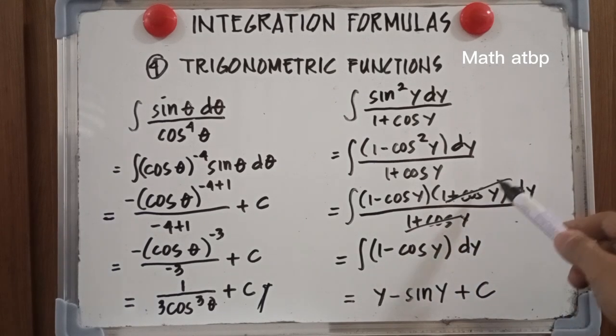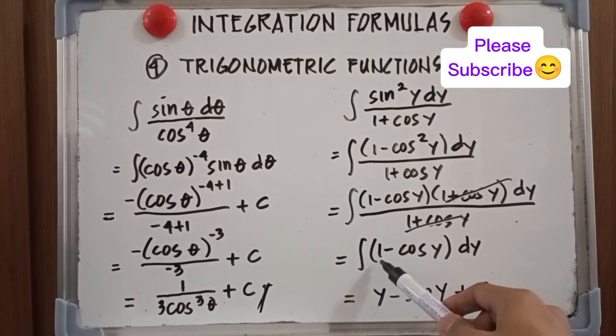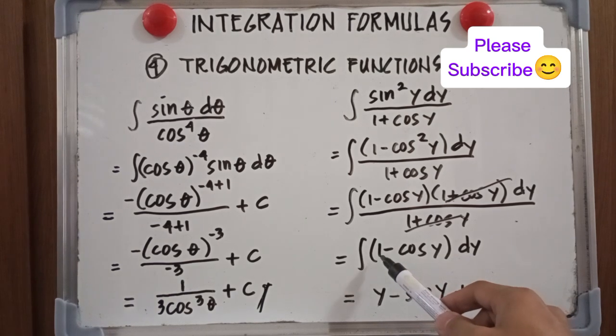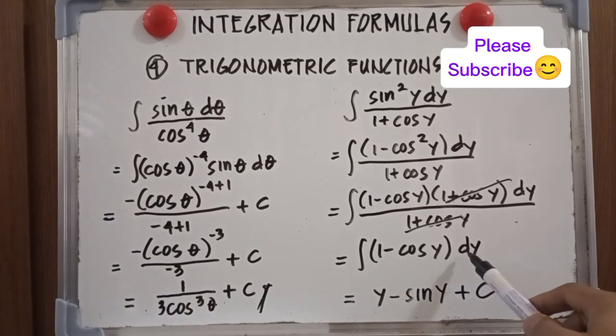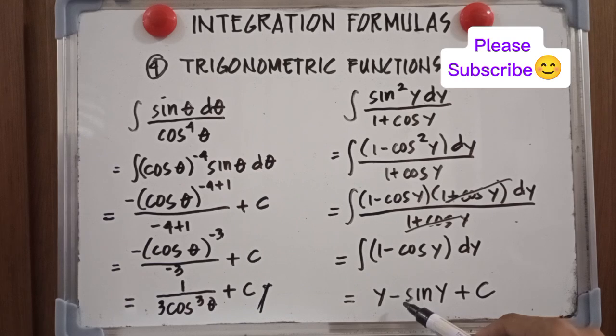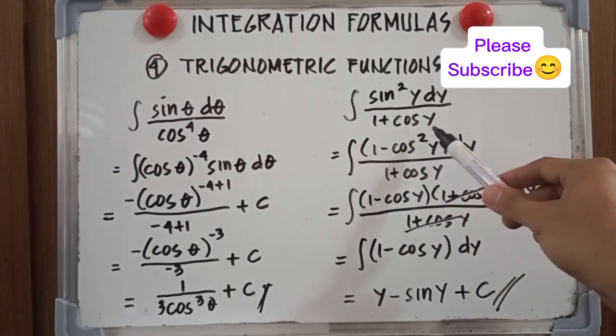We may cancel that. And then, what we have now here is the integral of the quantity 1 minus cosine of y, closed quantity, dy. The integral of dy is simply y. Negative cosine y times dy. The integral of negative cosine y dy is simply negative sine y. Finally, we have y minus sine y plus c. That is the integral of sine squared y dy divided by 1 plus cosine y.